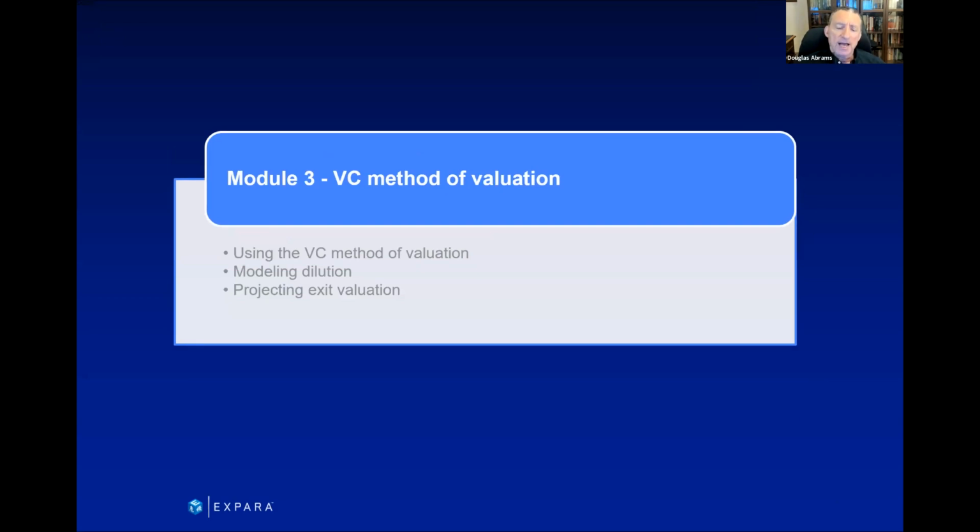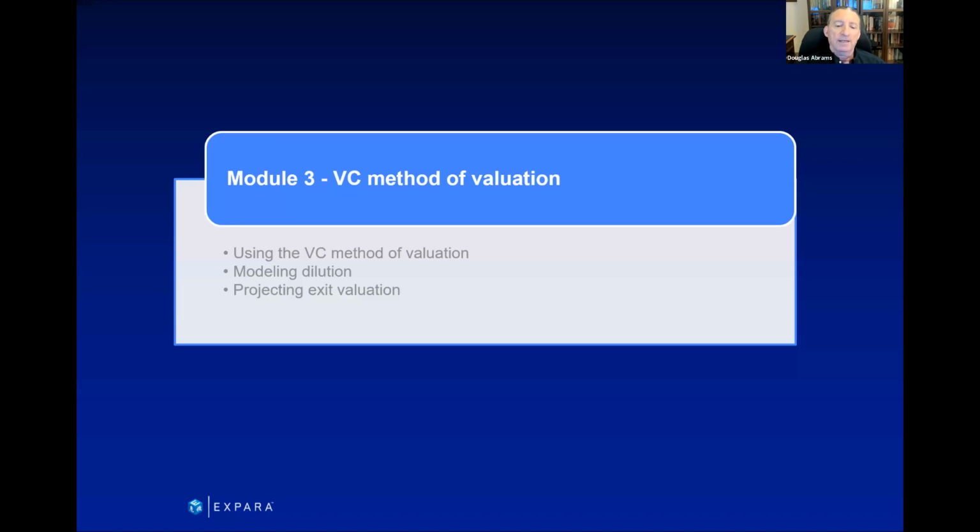So it's not a general purpose valuation method that we're trying to adapt to value startups. It's a method of valuing companies specifically designed for startups, and it therefore doesn't suffer from some of the drawbacks of the other methods that we talked about.